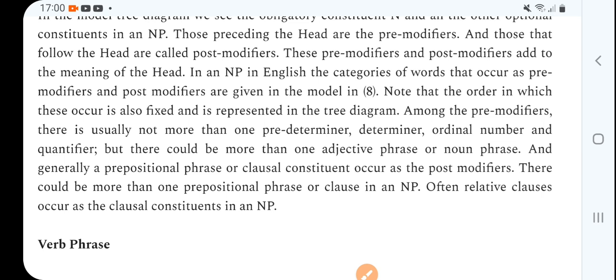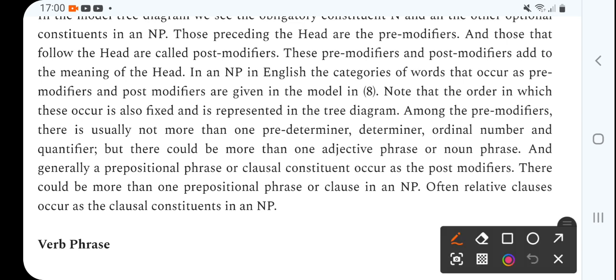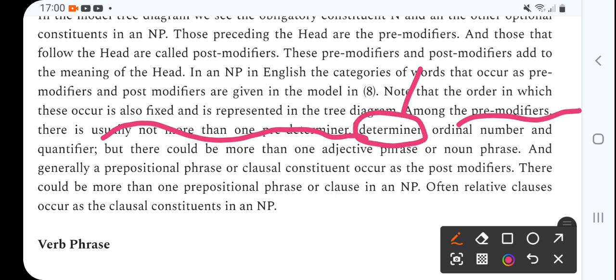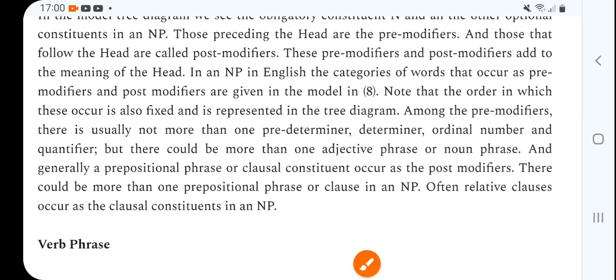Among the pre-modifiers, there is usually not more than one pre-modifier that is a determiner, or an ordinal number, first, second, or a quantifier, some, any.